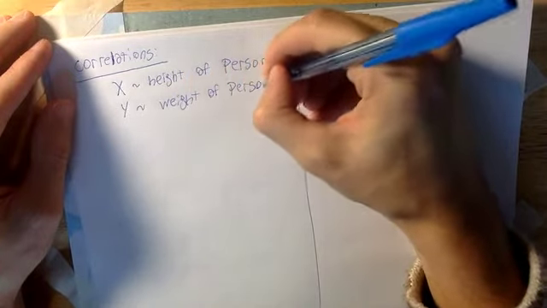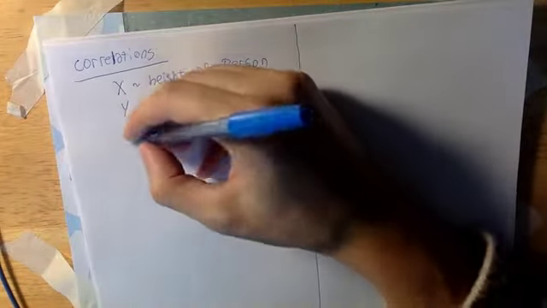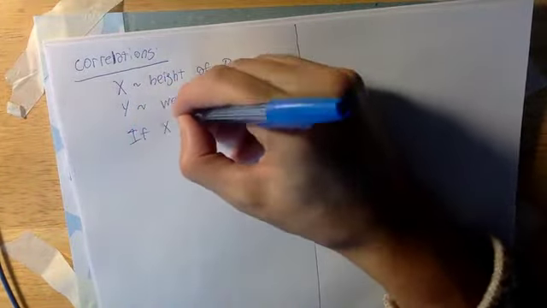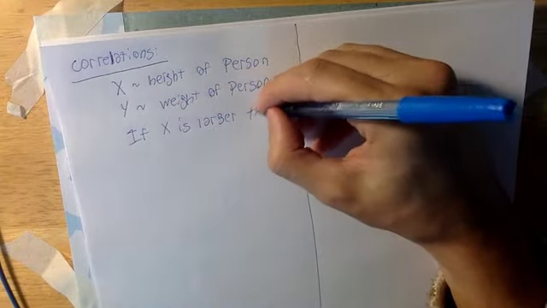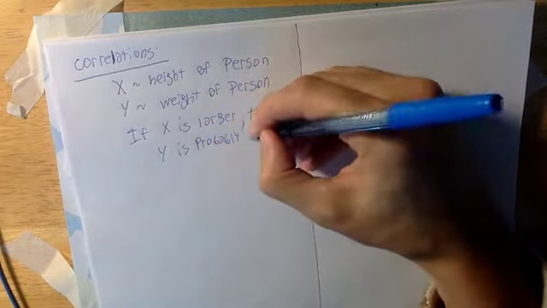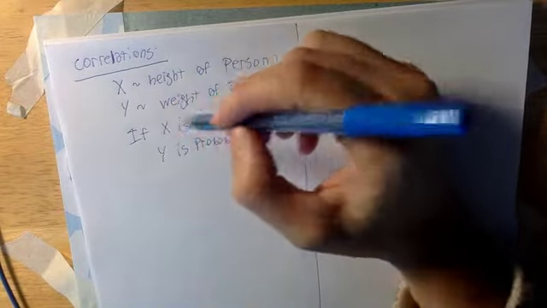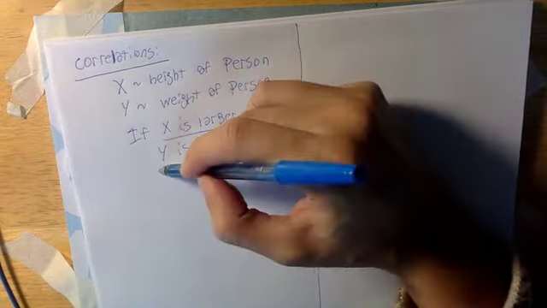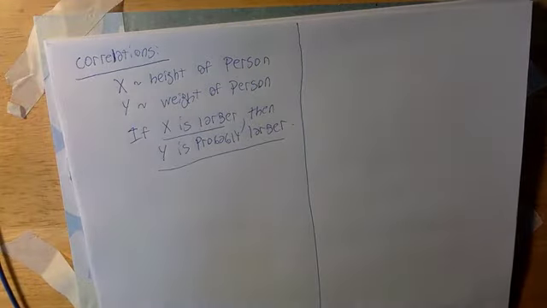If we pick a random person from a city, what we're going to see is that if X is larger, then Y is probably larger. Whenever X increases, we expect that the weight of the person increases. This is not true in general.